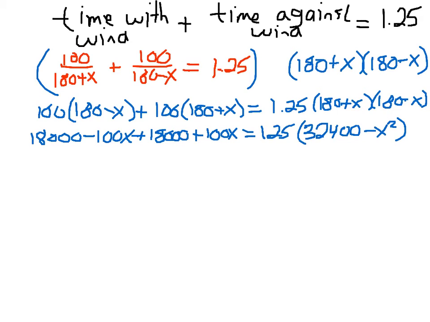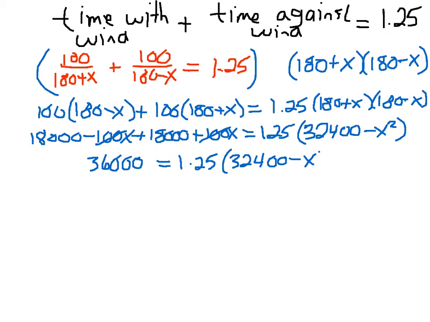On this side, the 100x cancels. We'll be left with 36,000 equal to 1.25 times 32,400 minus x squared.